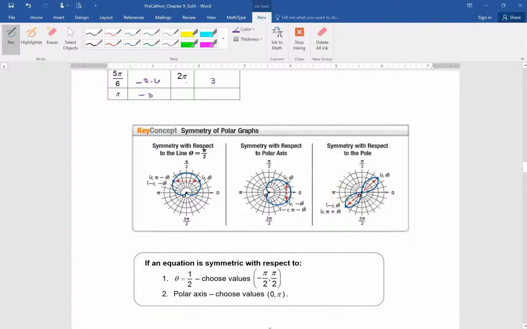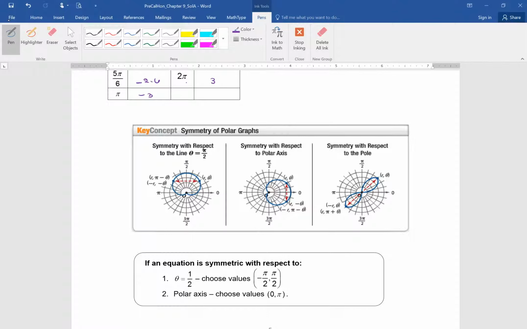All right. So just like in any graph, in any grid, we have symmetry in the realm of polar graphs as well, all right?